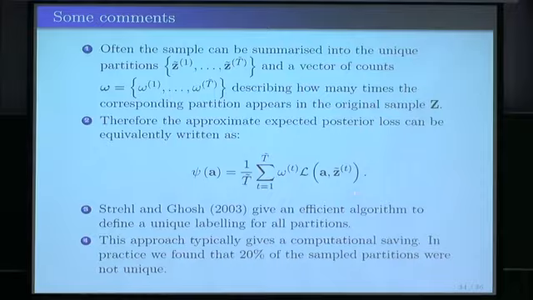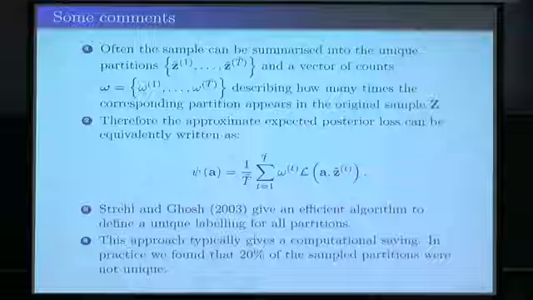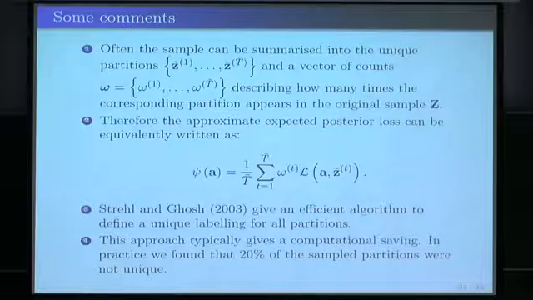Having done that, we can write psi of a as an average over these t tilde terms, weighted by the frequency at which each partition z tilde occurred. And it turns out that Strel and Ghosh give us an efficient algorithm to figure out what those unique partitions are. This typically gives us a computational saving, and in the experiments we've looked at, we found that about 20% of the samples were not unique. So we get some kind of saving here.